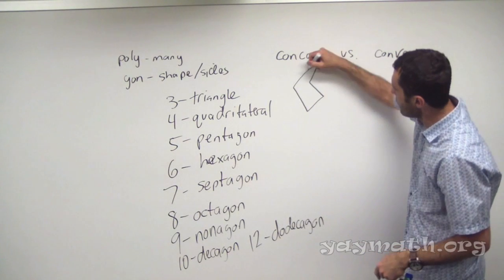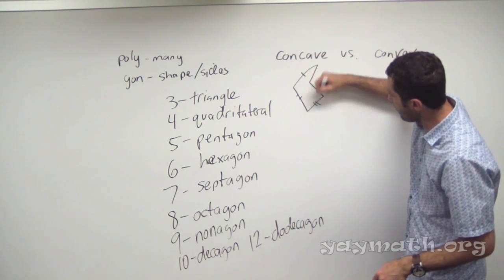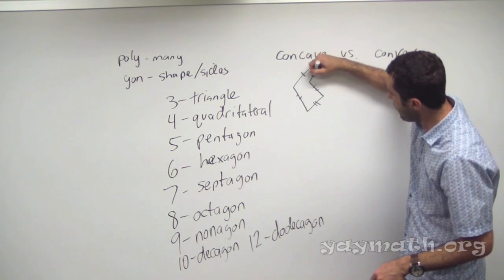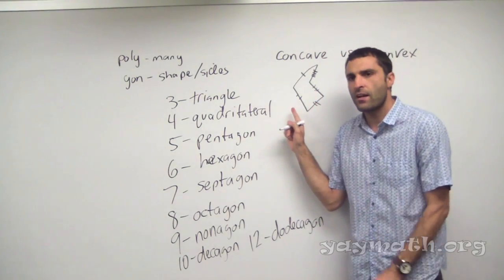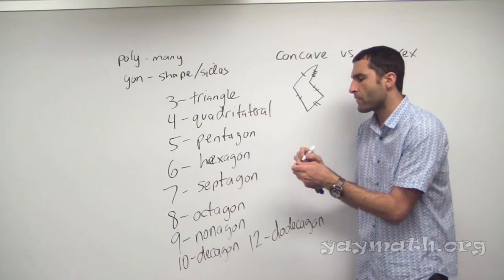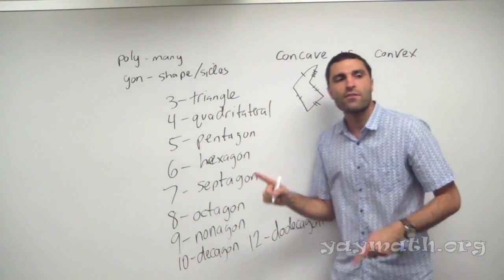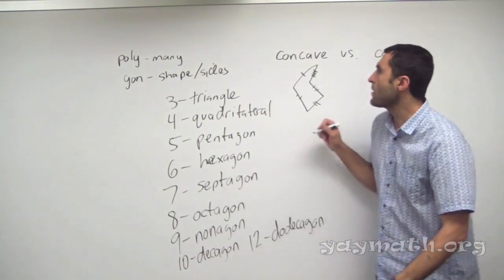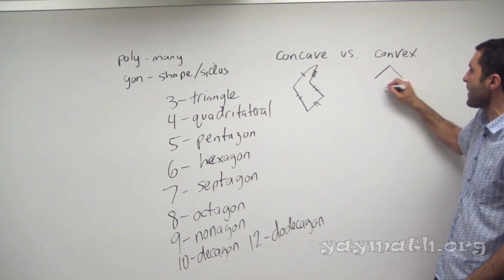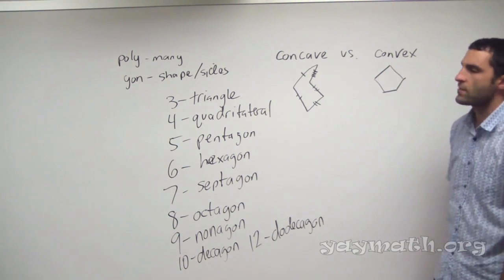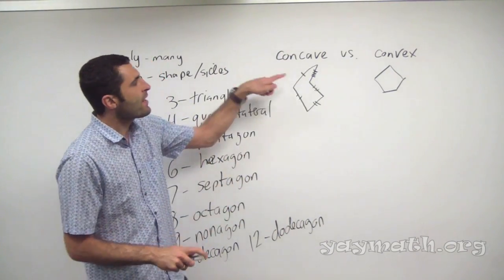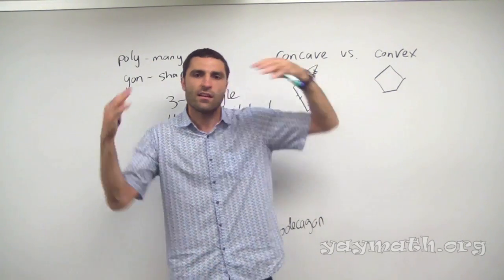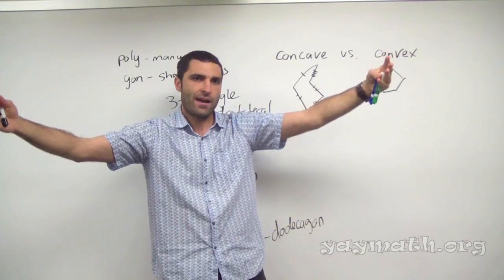Even though this would be a concave pentagon, we're not really going to talk about it. We're only going to talk about what is not concave, which is convex. So write a convex pentagon as an example for yourself, which looks like the pentagons we're accustomed to. Any questions about concave versus convex? Concave we're in, convex we're out.